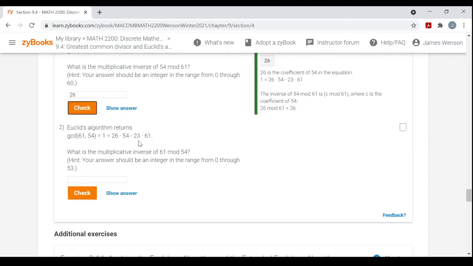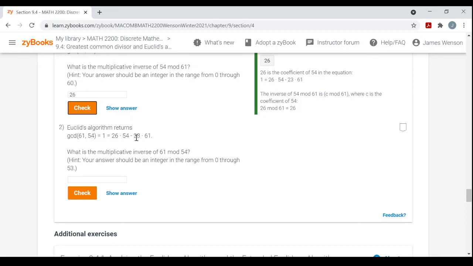And then same expression, now they're asking the other way around, what is the inverse of 61 mod 54? So see how 61 times negative 23 would be some multiple of 54 plus 1? Or it would be 54 times negative 26 plus 1. So 61 times negative 23 is congruent to 1 mod 54.